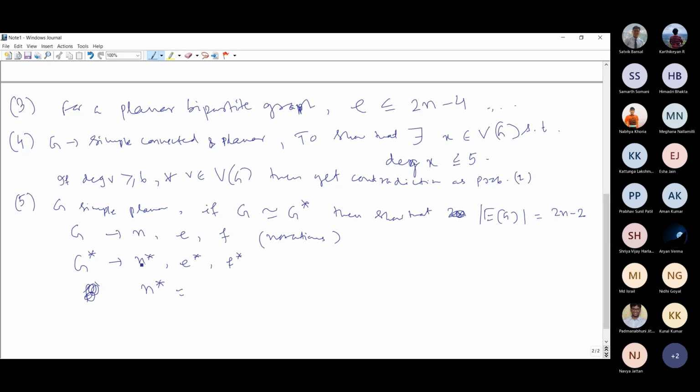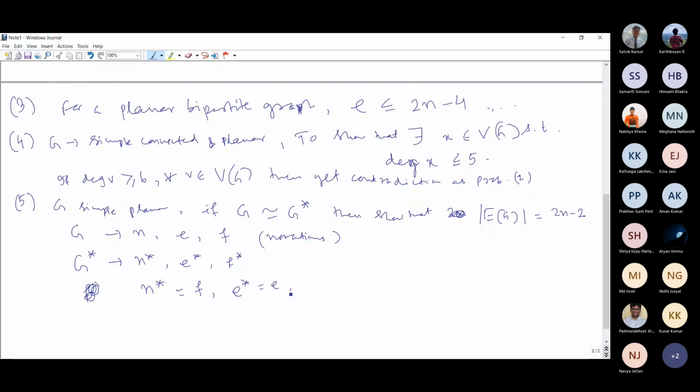How were we drawing this dual graph? Corresponding to every face, we were considering a vertex. So n star is equal to f. Very good. And corresponding to every edge in the graph G, we were constructing an edge of the dual graph. So e star is equal to e, right?